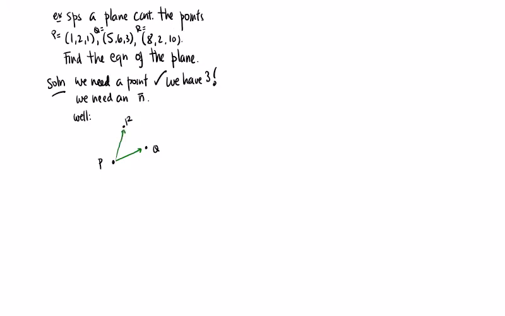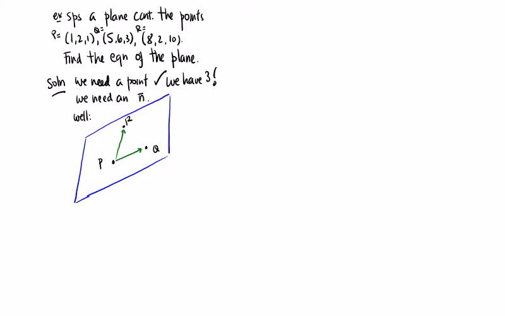PQ and PR. And now, keep in mind, these 3 black points are in our plane, the plane that we're trying to find the equation of. So imagine there's a plane that contains all of this stuff so far. Then we say to ourselves, okay, I need a vector which is perpendicular to the plane. If it's perpendicular to the plane, then it's perpendicular to PQ and to PR. How do I get that? That's the cross product. Remember, the number one use of the cross product is when you cross 2 vectors, you get something perpendicular to both.